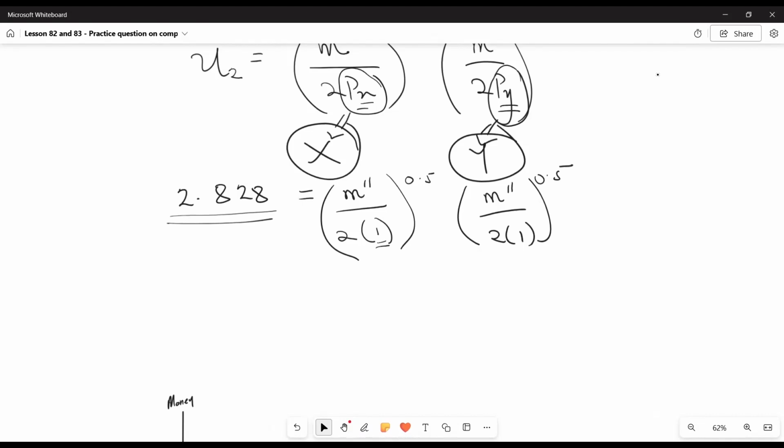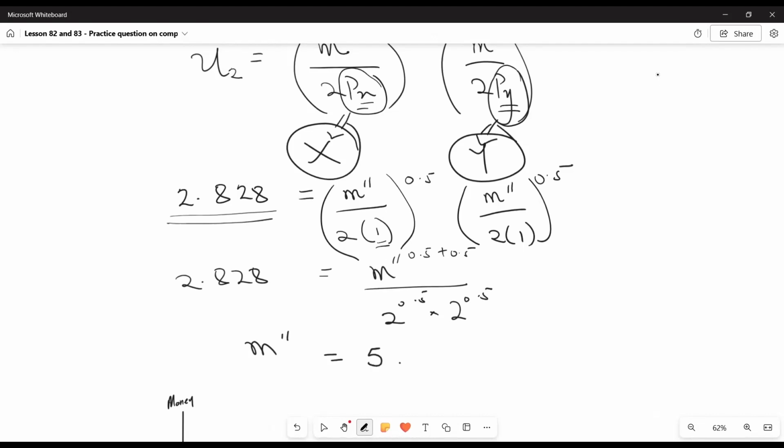So if we solve this out, we are going to arrive at 2.828 equal to M double prime raised to the power 0.5 multiplied by 0.5 divided by 2 raised to the power 0.5 multiplied by 2 raised to the power 0.5. This is going to give us M double prime equal to 5.6569.